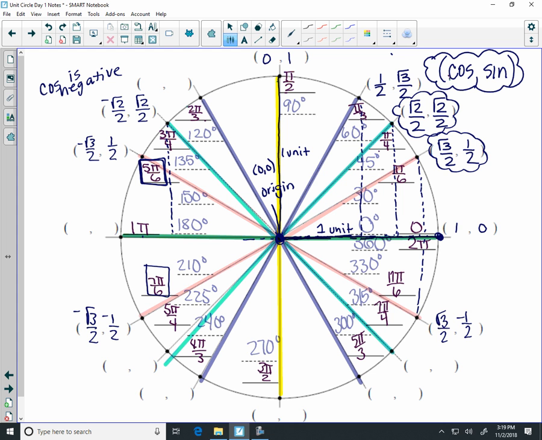For 5 pi over 4 in the 3rd quadrant, we have both negative. And for 7 pi over 4, which is in the 4th quadrant, x is positive, so cosine is positive, and sine is negative.